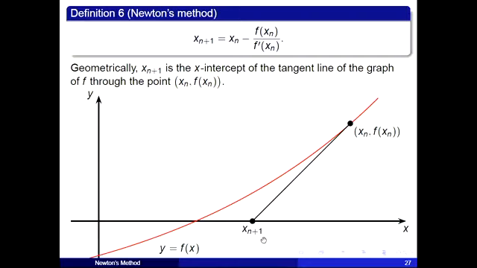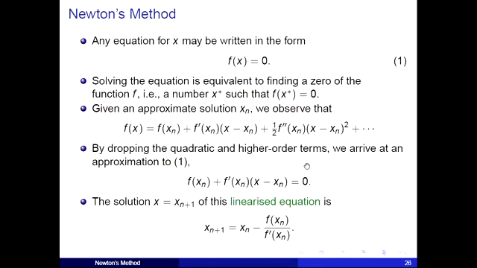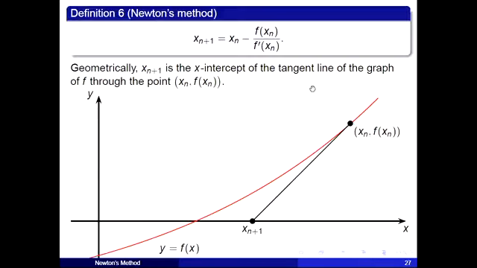So how do you find x_{n+1}? Remember the equation of the tangent line is exactly this equation. You set it equal to 0, and you find exactly x_{n+1}, the same formula. So that is the review of the last lecture on Wednesday.